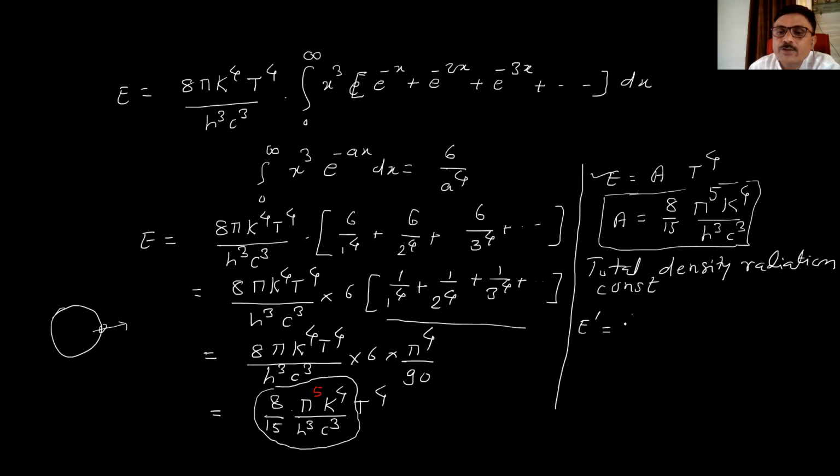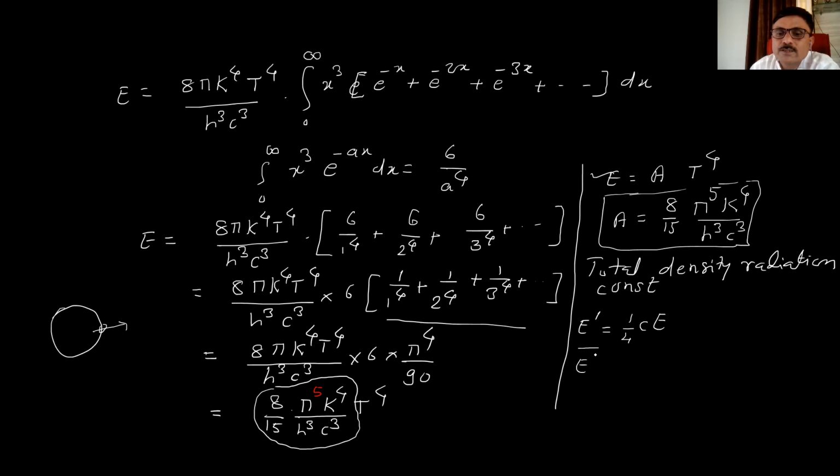It is given by the equation 1 by 4 into C into E. So actually this is the expression for the energy density. So after using the value of E, we will get Stefan's fourth power law.